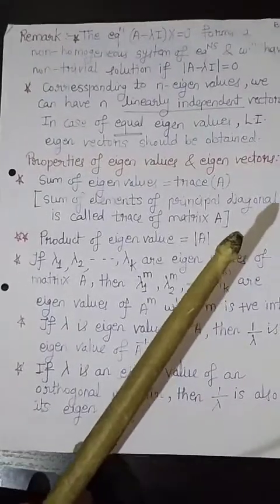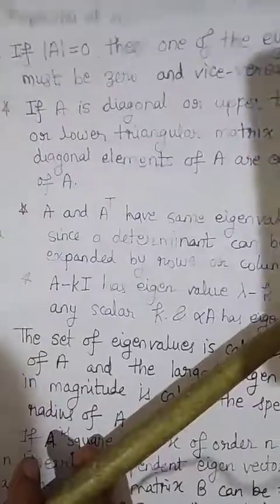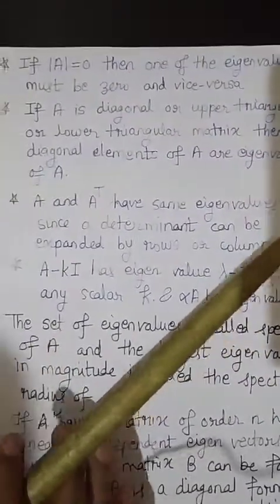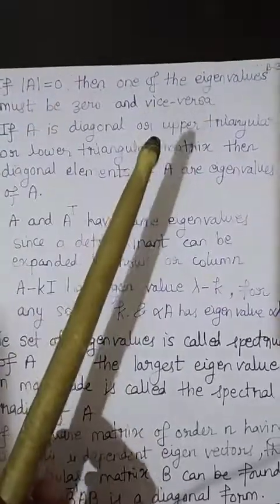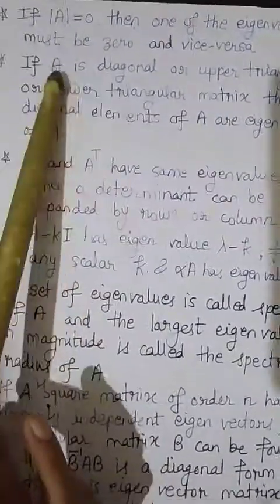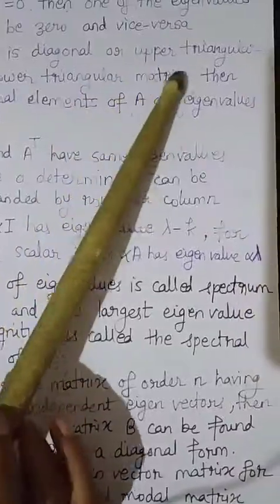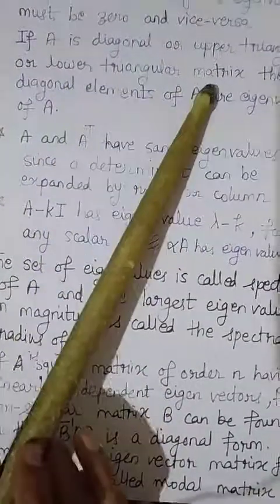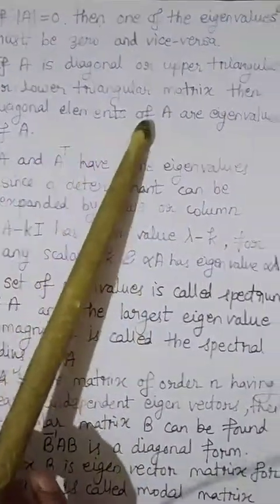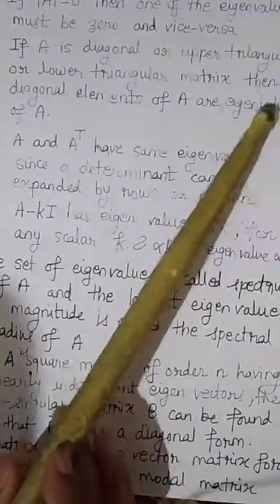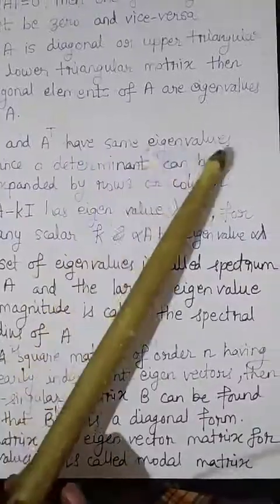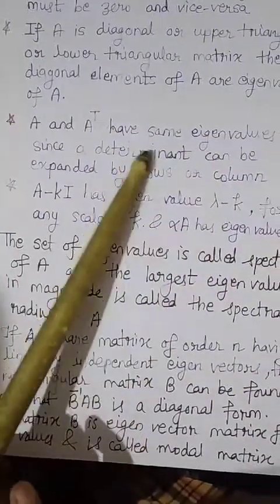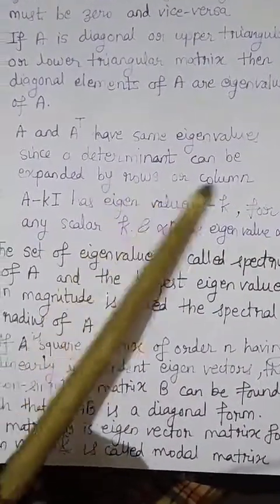If determinant of A is equal to 0, then one of the eigenvalues must be 0 and vice versa. That is, if one of the eigenvalues is 0, then the determinant must be 0. The next is, if A is a diagonal matrix or upper triangular matrix or lower triangular matrix, then the diagonal elements of A must be the same as the eigenvalues of A. Then A and A transpose must have the same eigenvalues because a determinant can be expanded by the rows and columns.